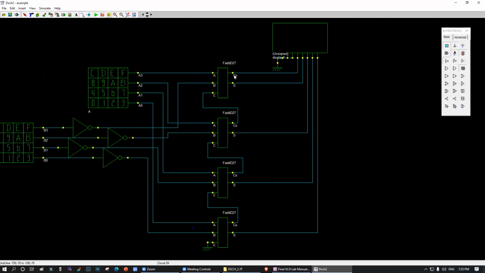Okay, so A is A, but B becomes bar. Now, this bit was grounded before, but now we have to use 1. That means 5 volt.